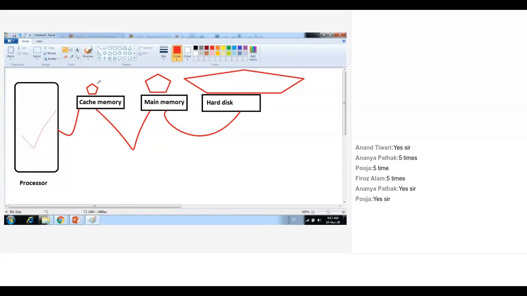As I explained in the previous class also, if I ask you to find a needle in a small box where you keep your reels and needles, versus searching for the needle in your bedroom, then the search time will be very high.